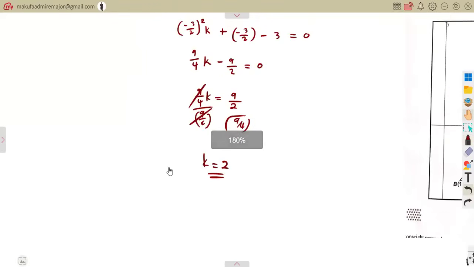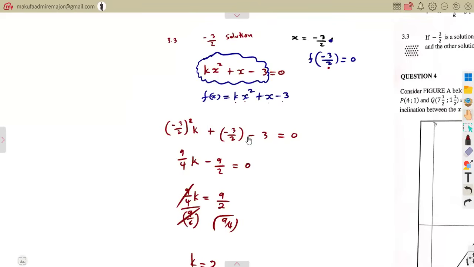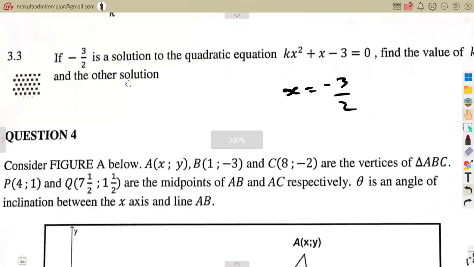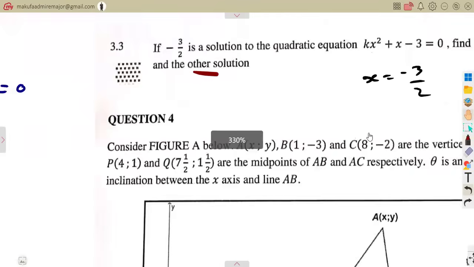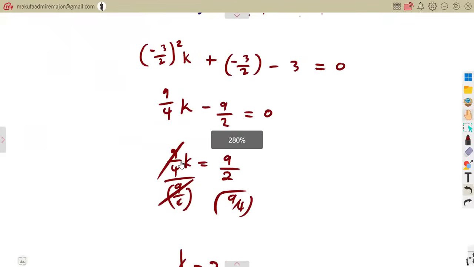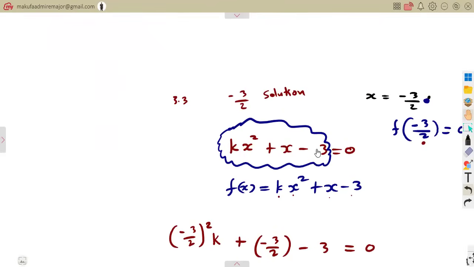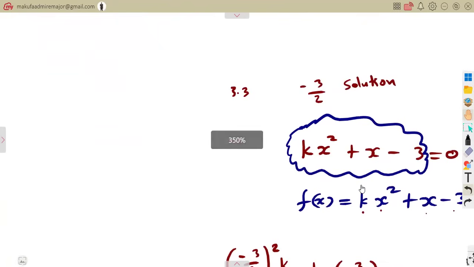Just like that. So it was like taken from the factor and remainder theorem concept. If you understand it that way, you can use it. But the question is not ending there. They also want you to determine the other solution. Remember, this was the first solution. We also need the other solution. What is going to be the other solution? Knowing that our k is 2. K is the part of our equation that we had before here.